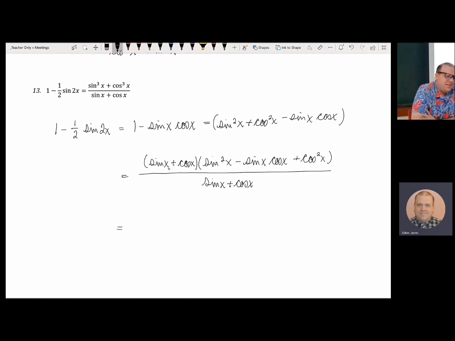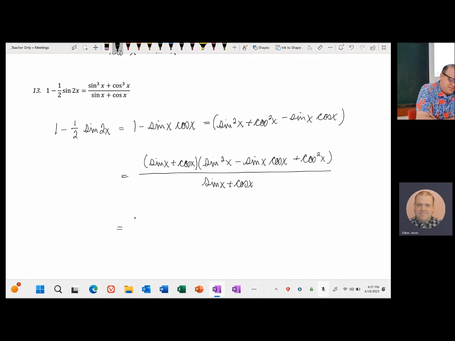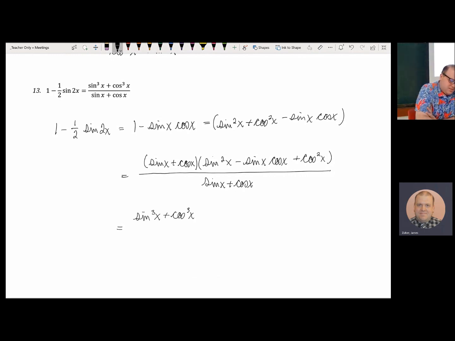And if you recognize this as the factored form of a sum of cubes, then you're done. Otherwise, just go ahead and distribute that out and you'll get the same thing. You get sine cubed plus cosine cubed over sine plus cosine.